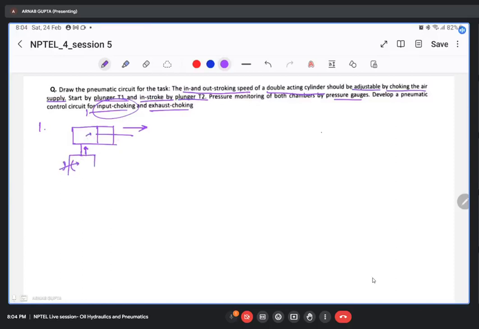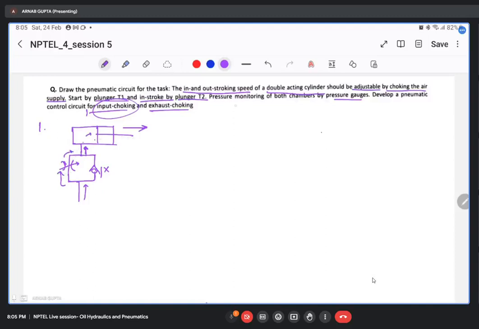Whereas if the flow comes in the opposite direction, it shouldn't be restricted. So your NRV should be placed like this. When the flow is for the extension and the flow is coming here, if it goes through this, it will get restricted. It has to flow through the metering circuit or the choke valve, and then it will flow into this.